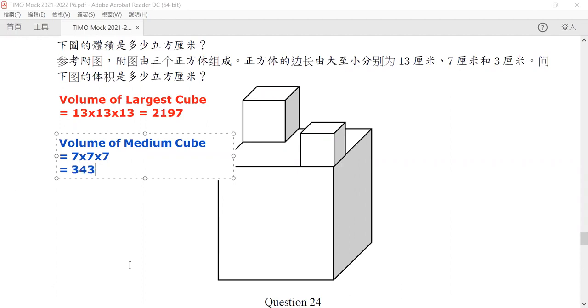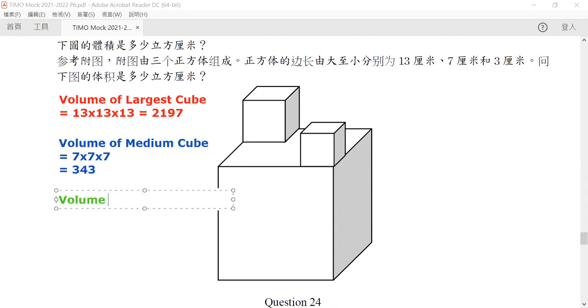And finally, the volume of the smallest cube is exactly equal to 3 times 3 times 3, which is equal to 27. So all we need to do is just sum them all up.